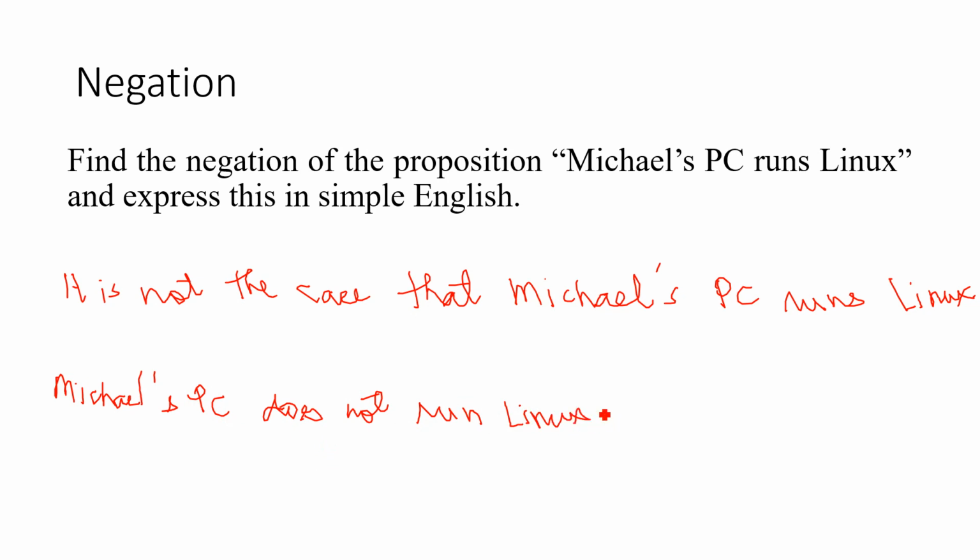So these two statements are the same. However, the second statement is much simpler as compared to the first statement. Still, these two statements are the negation of the proposition "Michael's PC runs Linux."